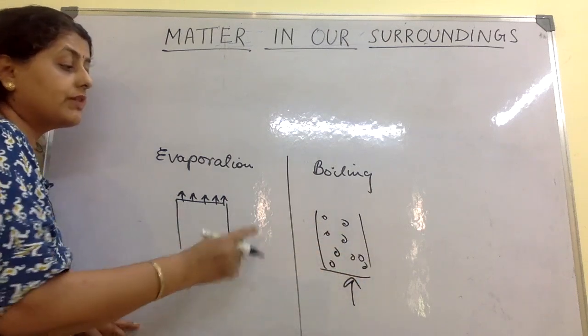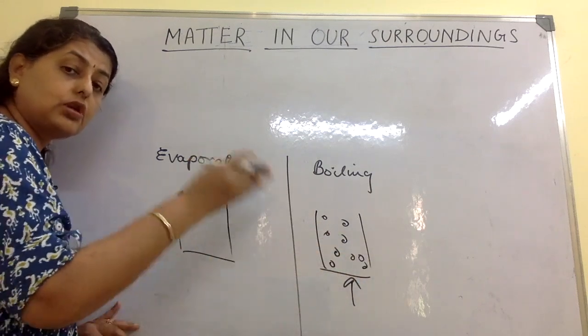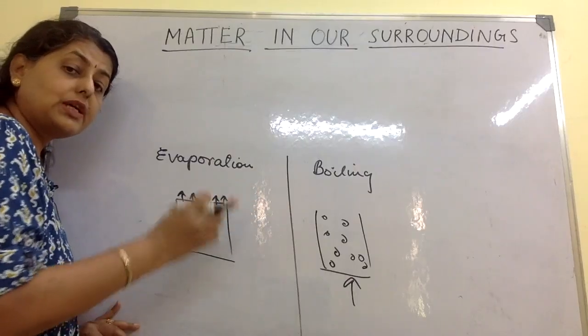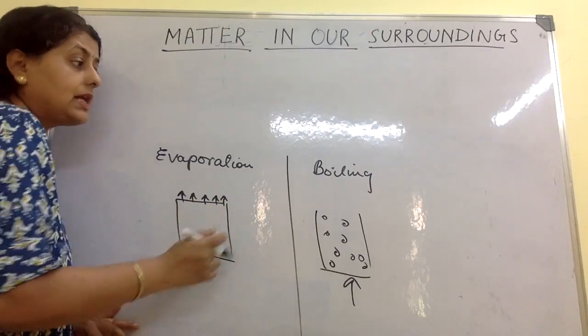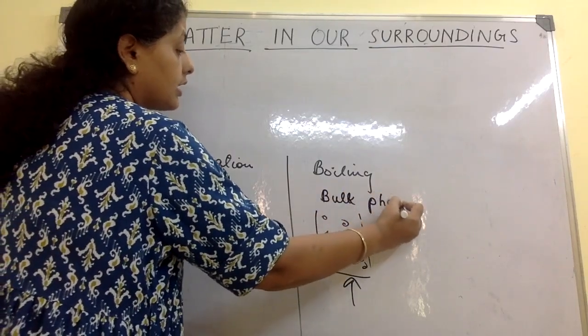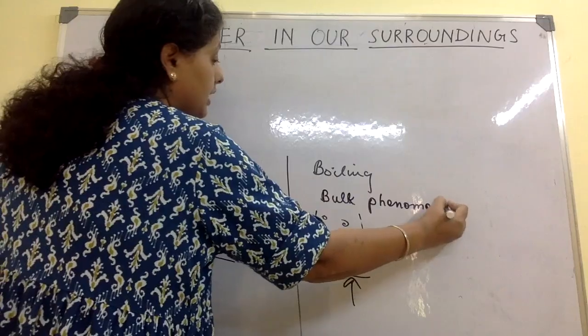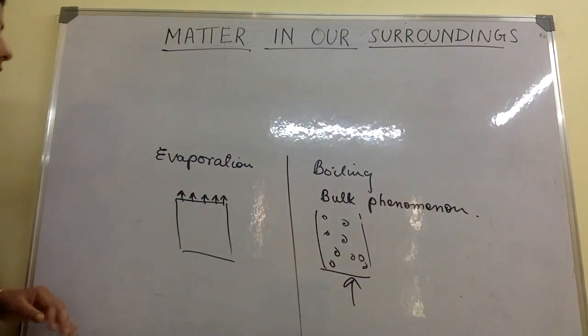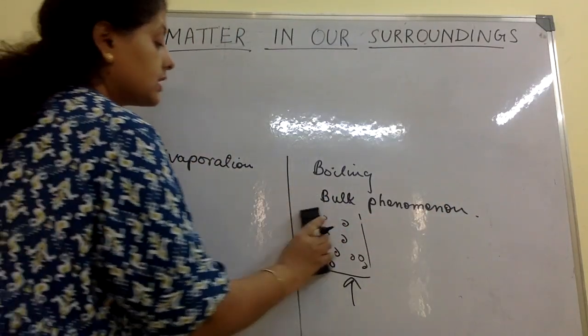So when we see bubbles all through, it is boiling all through the liquid. So we know that boiling is a bulk phenomenon, whereas evaporation is a surface phenomenon.